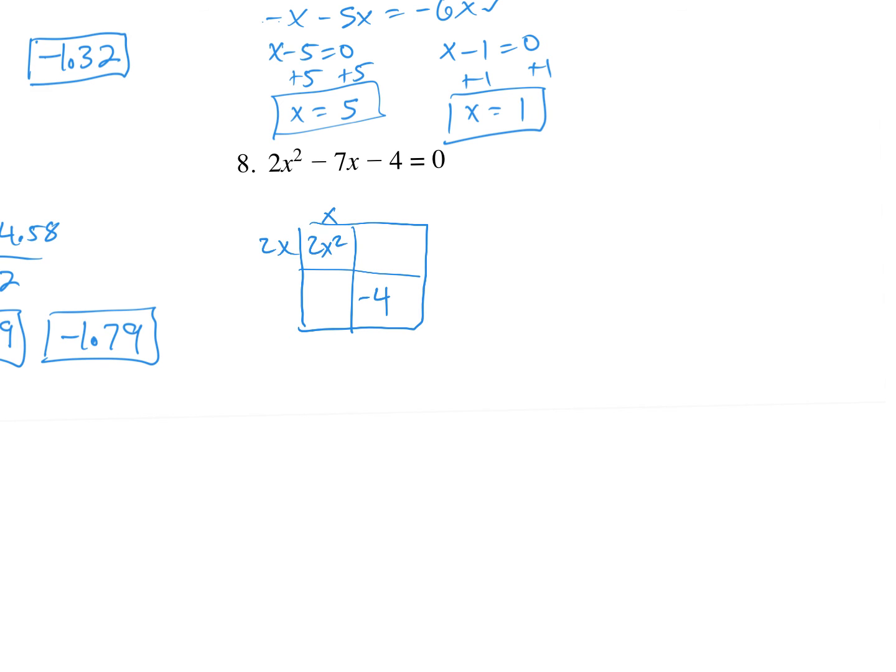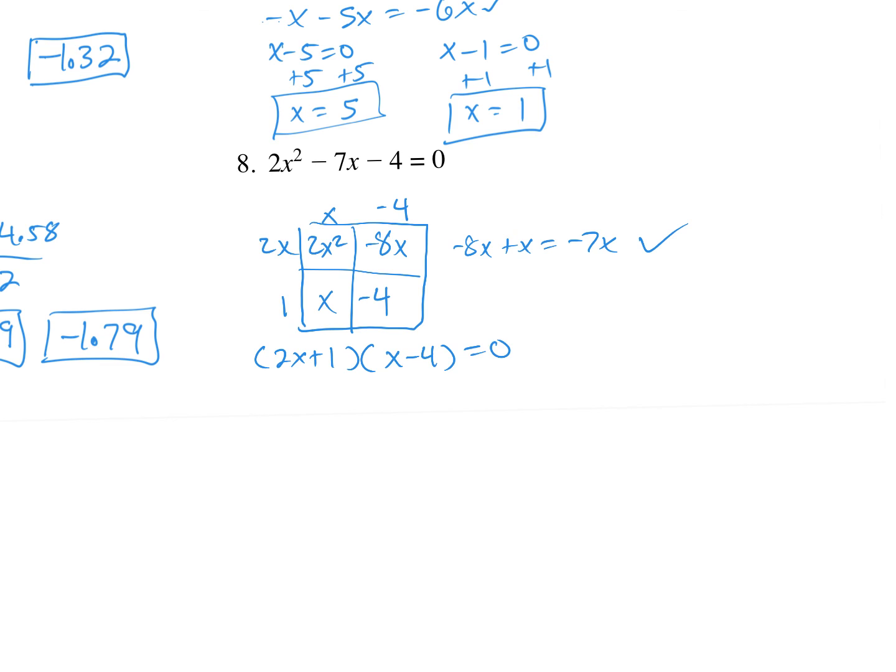Let's try this: if I did -4, because -4 times 1 is -4, this is -8x plus 1x equals -7x. Oh, that's factorable. So my answers are actually 2x plus 1 and x minus 4.